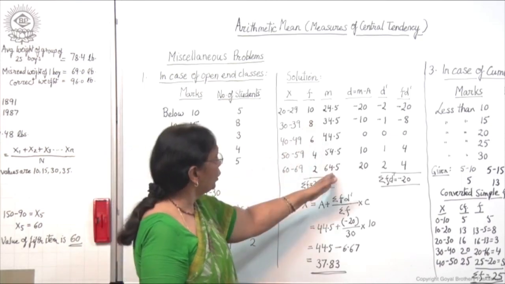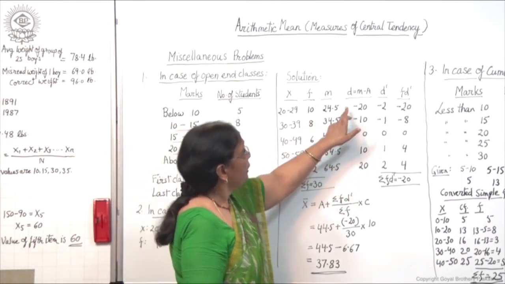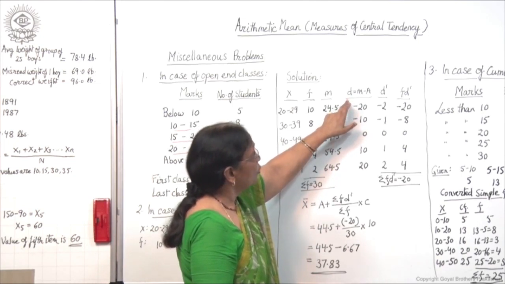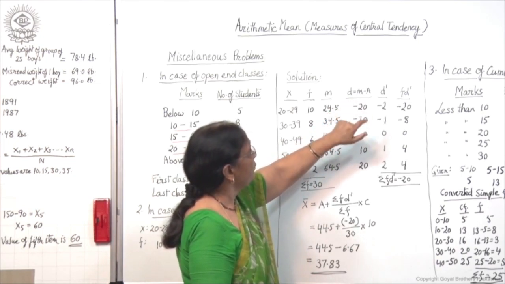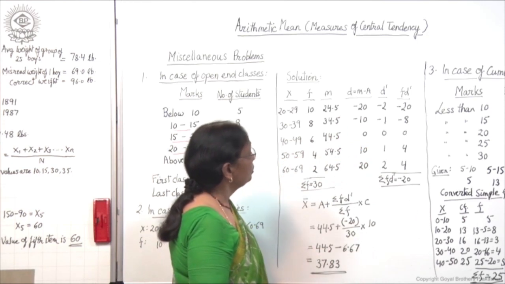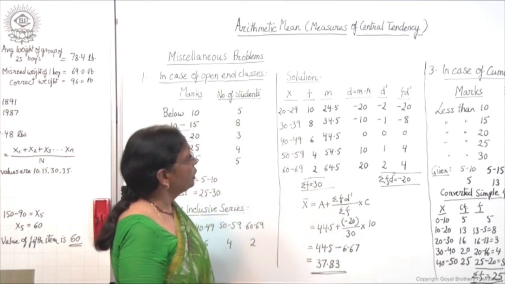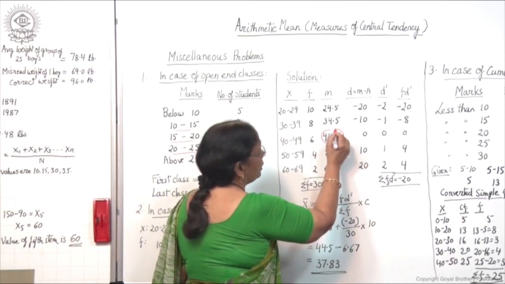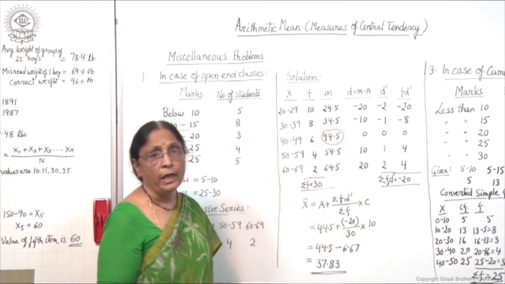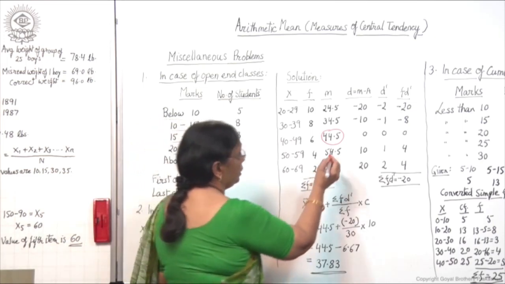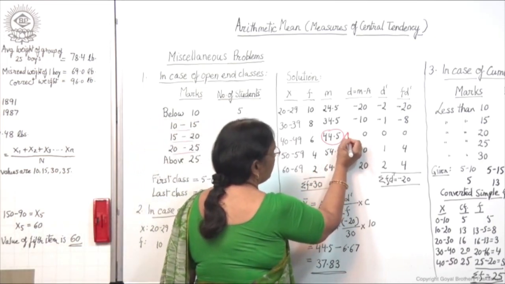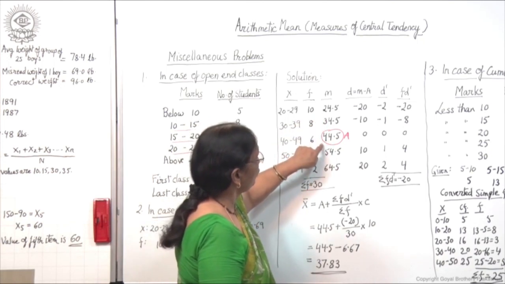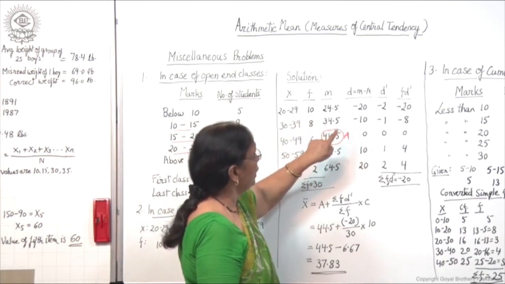So you will take the midpoint in this way, then take the deviations. How to take out the deviations? Take the deviations from assumed mean. Now what are you going to assume as mean over here? In this example we have taken this as the assumed mean and named it as A. So 24.5 minus 44.5 is minus 20.